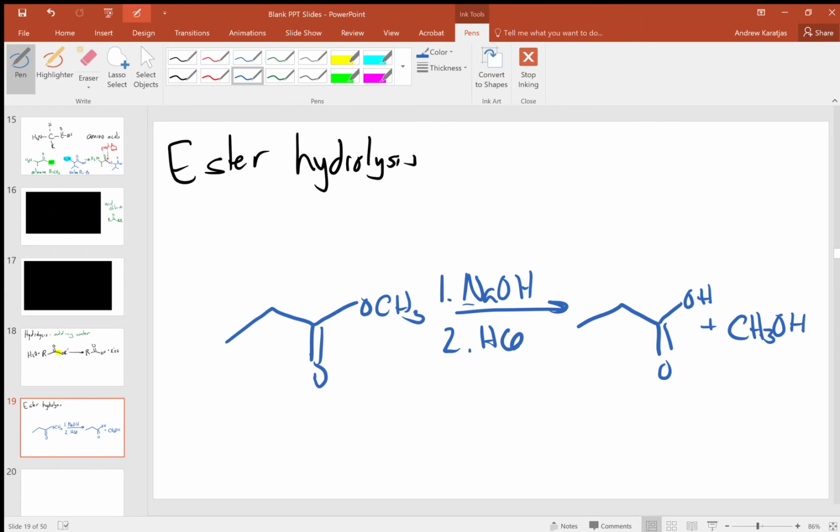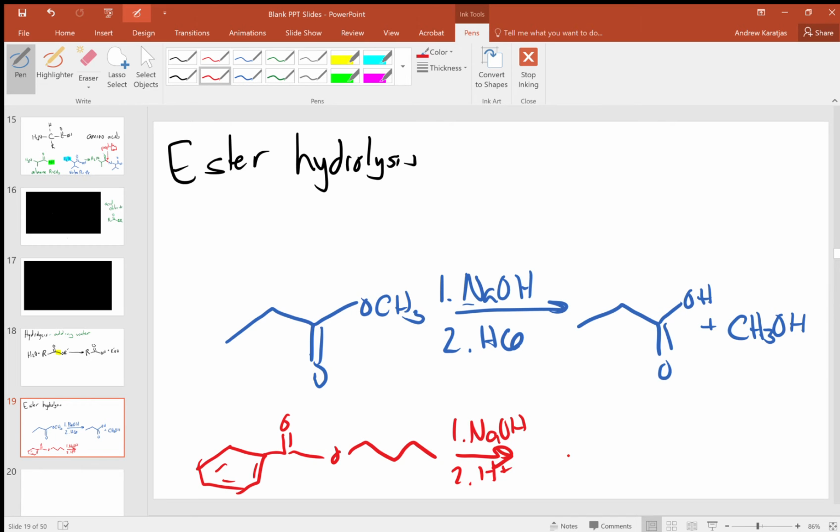And you can do this for any ester, pretty much regardless of whether it's very simple like the one there, or for ones that are more complicated. Again, we get a carboxylic acid plus an alcohol.